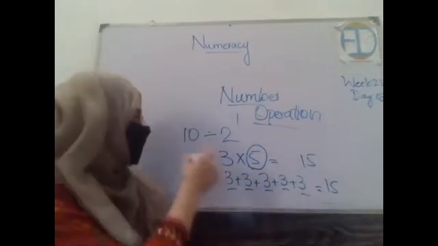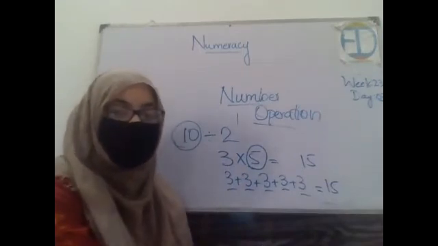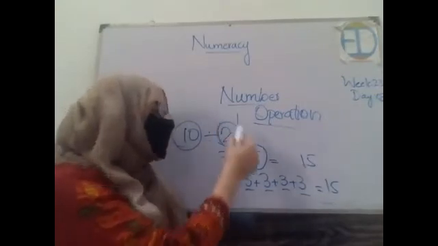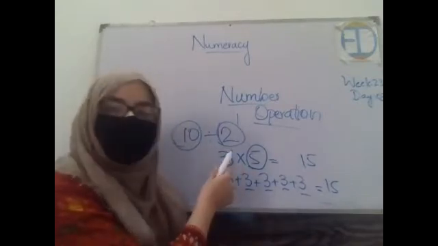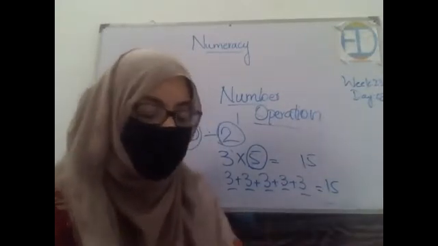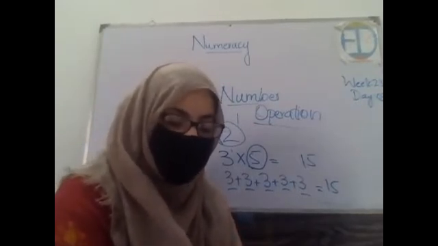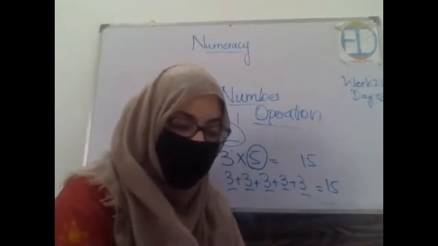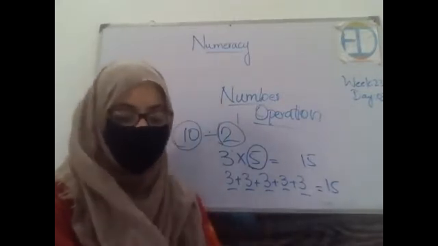This means that you are supposed to divide the 10 into parts such that every part contains two. So you will see how many 2's we combine to get 10, right? So this is known as division. So these are the two remaining number operations that we will be revising in today's class, and we will do the practice exercises of it as well.